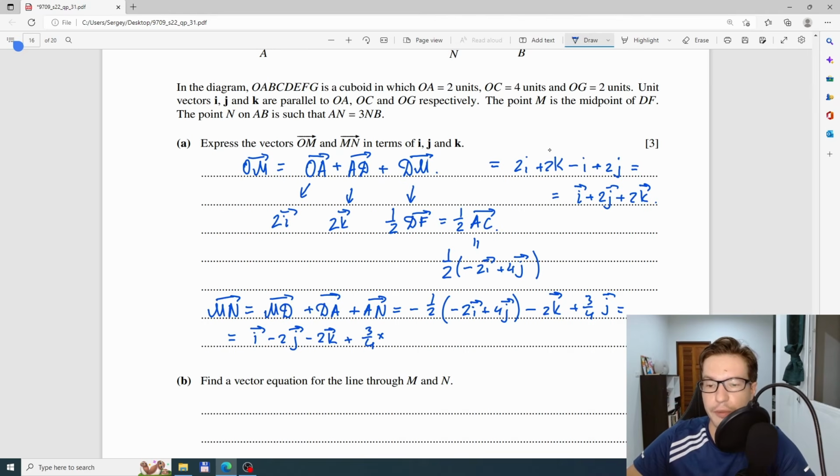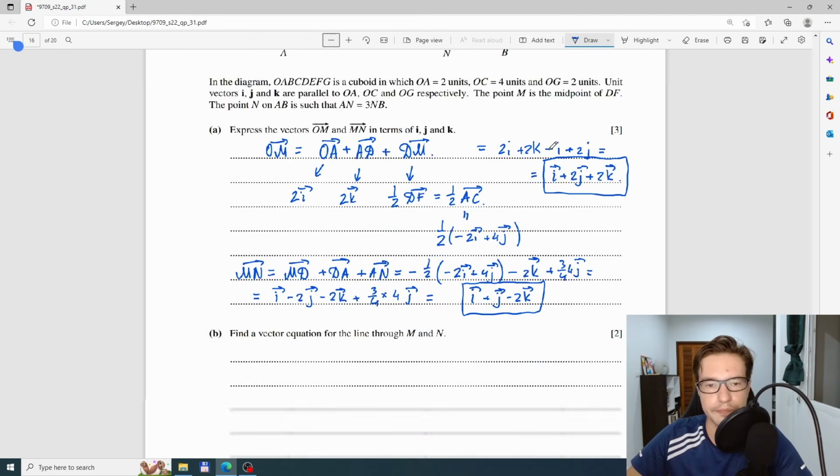Oh, I forgot to multiply by 4, because 4 units, plus 4j. Then simplifying that gives us i plus j minus 2k. So we found both vectors. Let's move on to the next one.